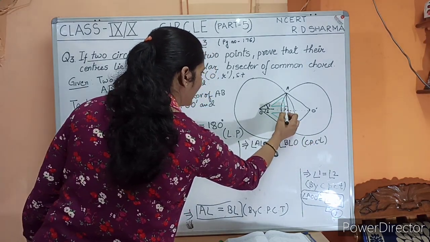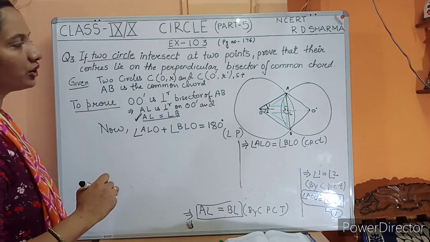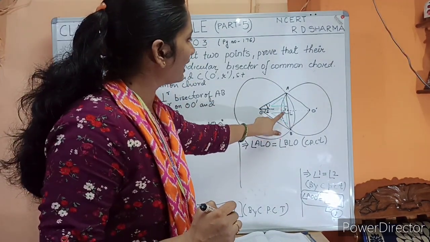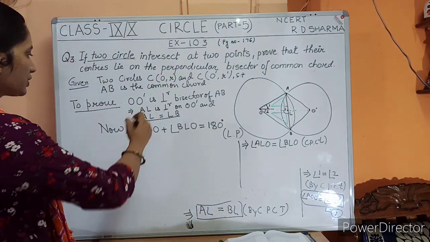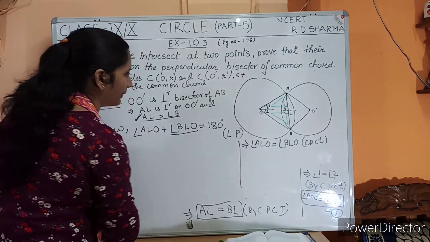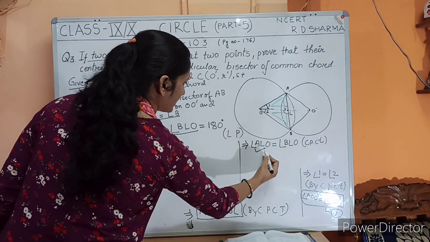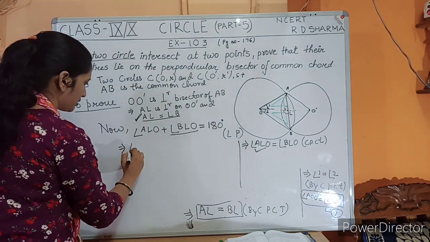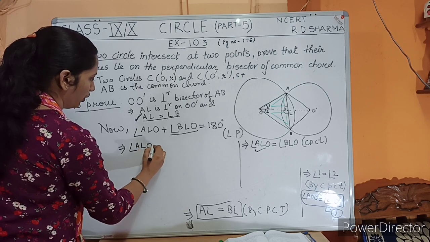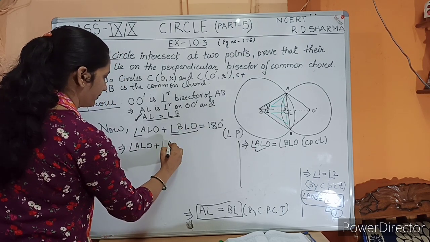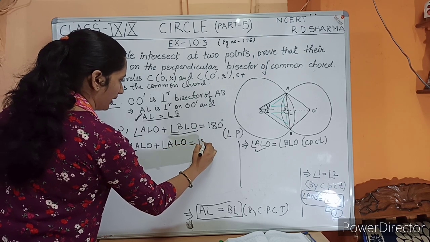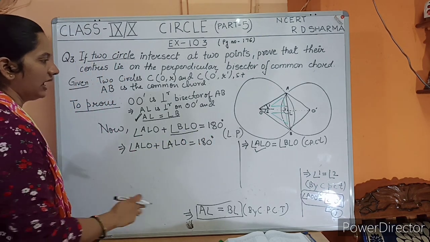क्योंकि ये वाला एंगल और ये वाला एंगल, ये दोनों एंगल भी तो आपका दो कॉन्ग्रुएंट ट्रायंगल का ही पार्ट है, तो ये दोनों एंगल भी तो आपस में इक्वल होगा, राइट? So we will replace here the angle BLO with this. So angle ALO plus angle, instead of BLO we will write ALO. This is 180 degrees.